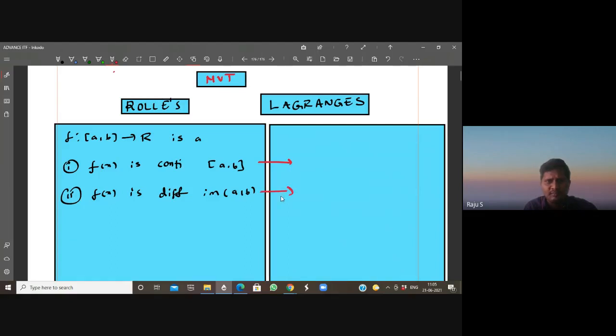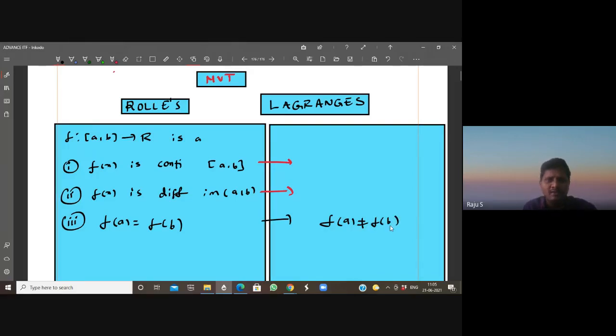Same condition: f of x is continuous in closed interval a comma b, and f of x is differentiable. The third point in Rolle's is that f of a must be equal to f of b. But here, in Lagrange's, the third condition is not necessary. That is the only difference.